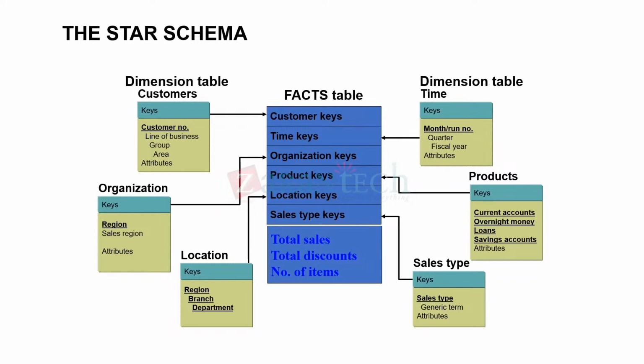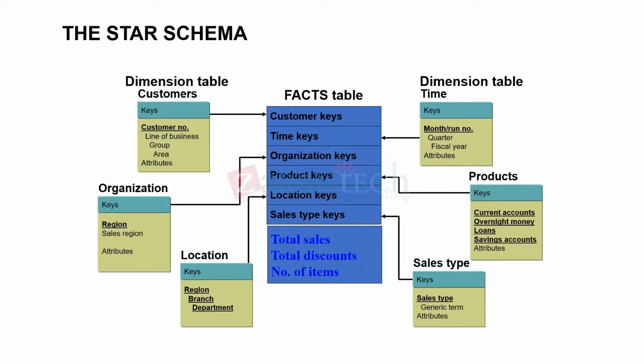In a star schema, we have a fact table, which is the central component of the design, which has the actual key figure values like total sales, total discount, number of items. All these are the numeric values surrounded by several dimension tables.